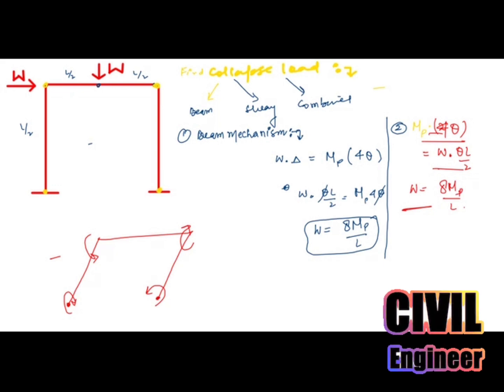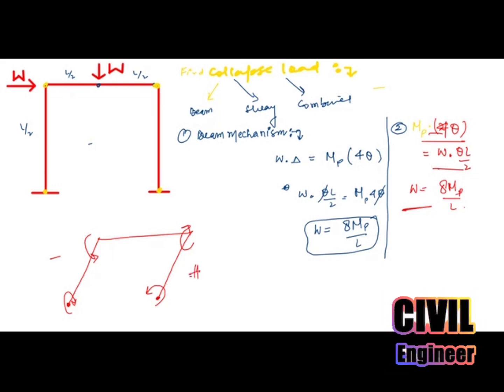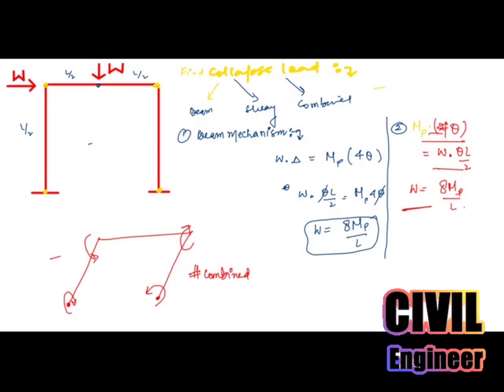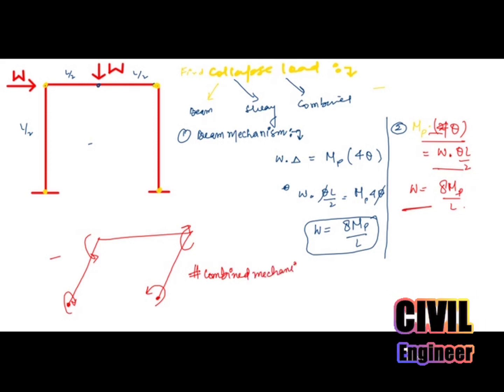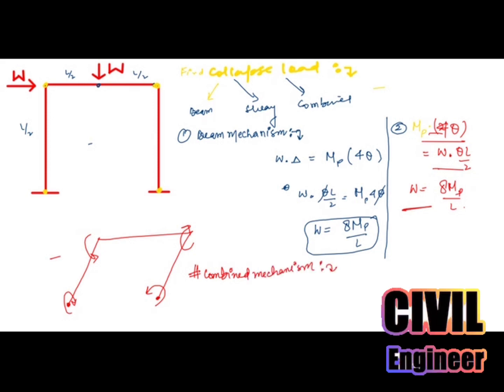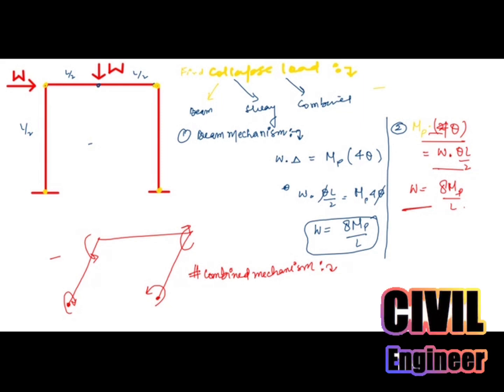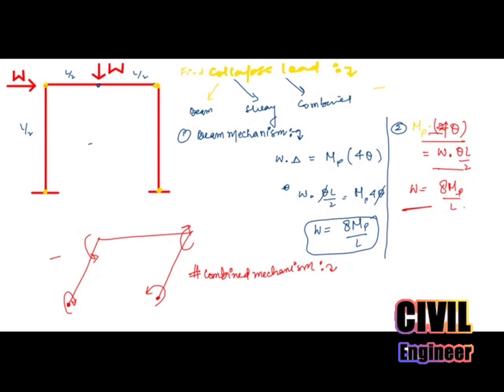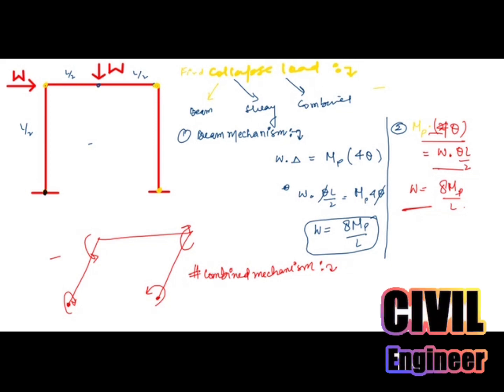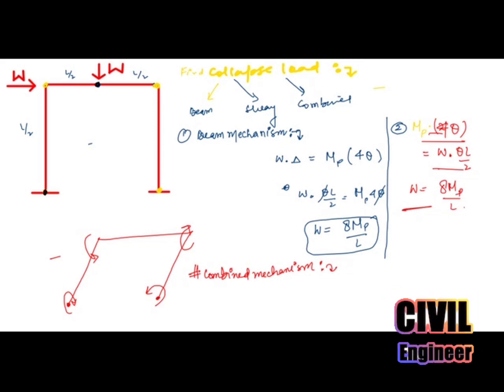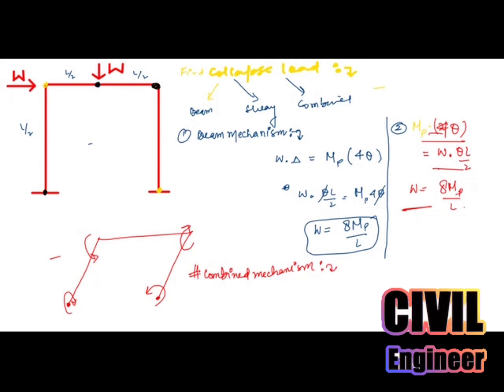Now let's have the combined mechanism. If we see the combined mechanism, four hinges will be formed. One hinge, two hinge, three hinge and four hinge.